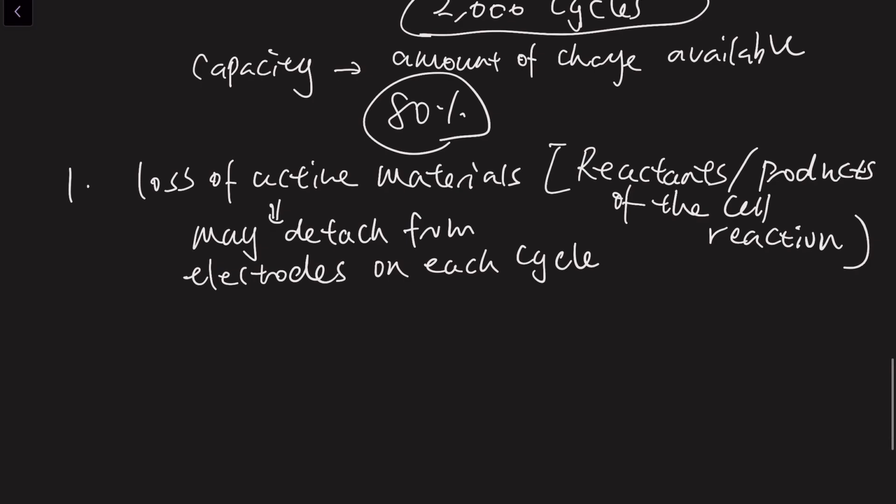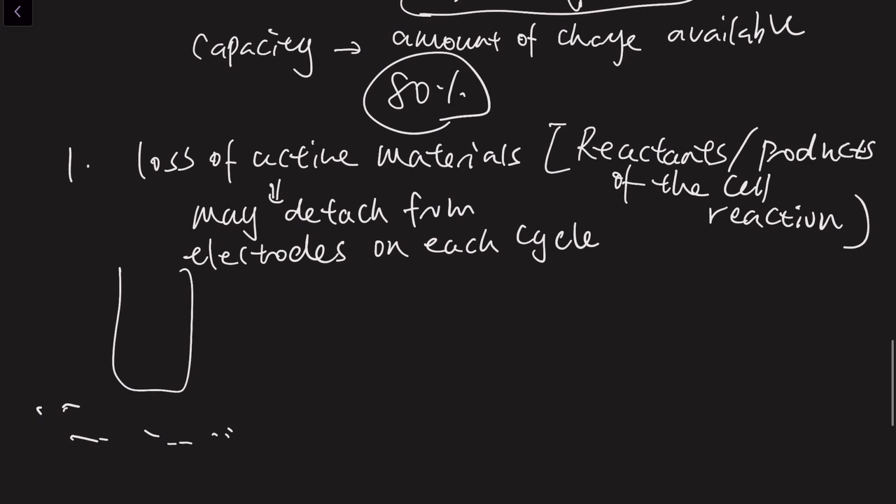So when the active material detaches from electrodes, it cannot be used in oxidation or reduction anymore, because the passage of electrons requires the products or the reactants to stick to electrodes, and in this way the exchange of electrons can occur.